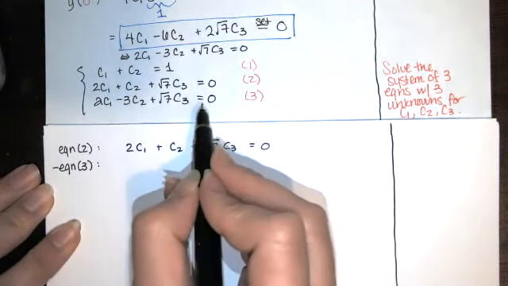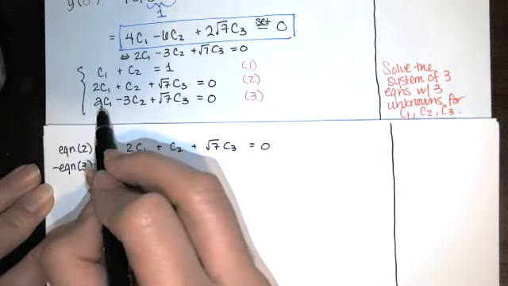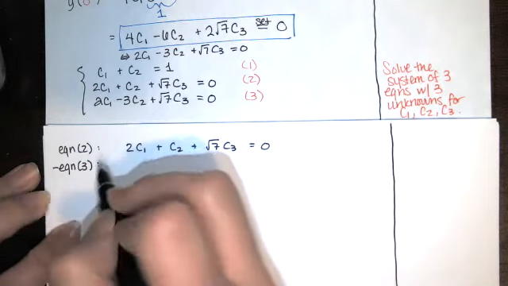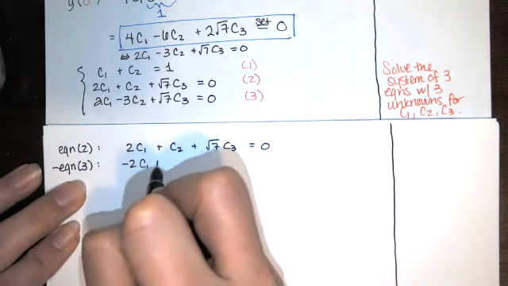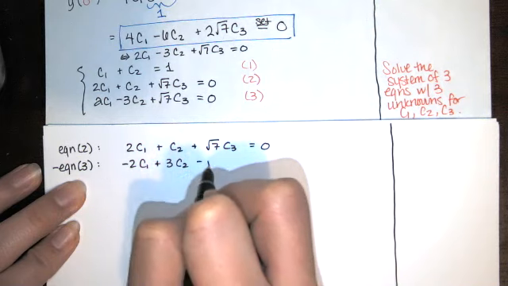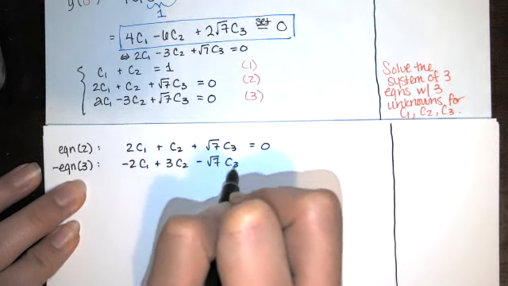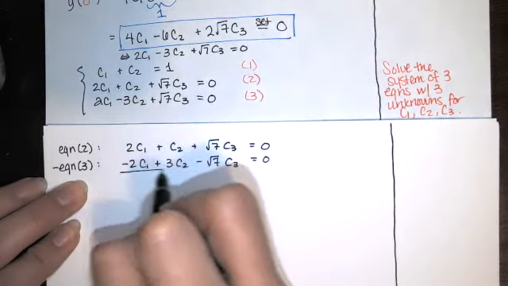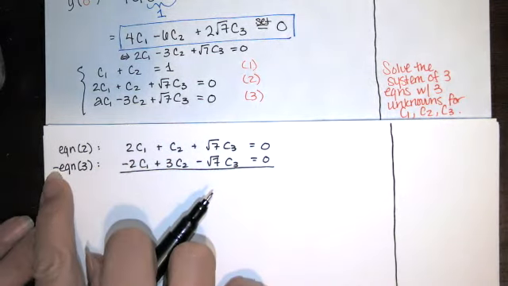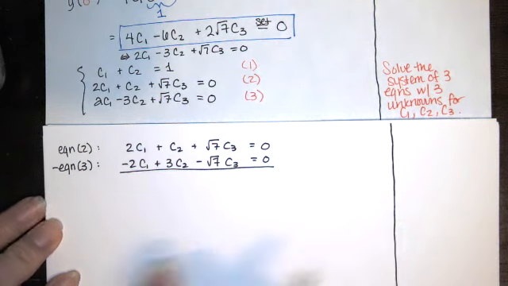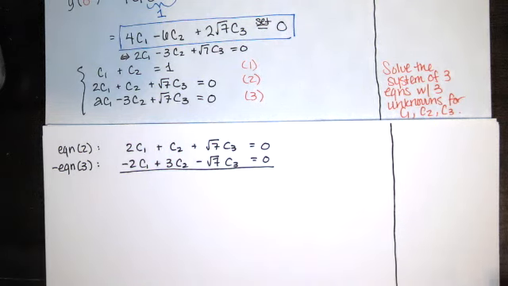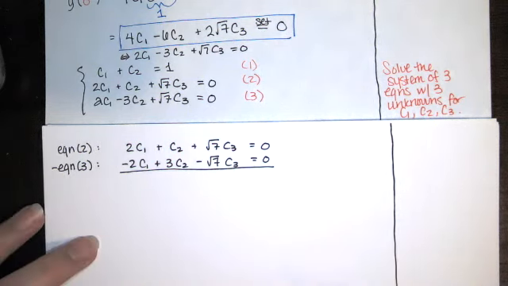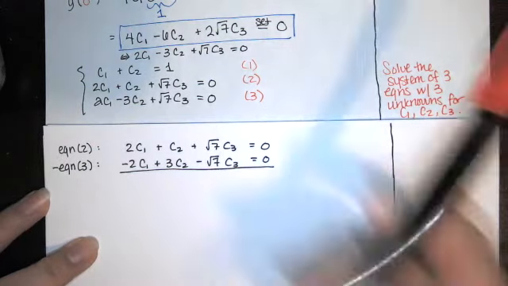So if I multiply this equation on both sides by -1, I'm just going to change the signs on this side. And of course, -1 times 0 is just 0. Remember, whatever you do to the left-hand side, you have to do to the right-hand side, but with 0, it looks like nothing has changed. Then we'll add everything together.